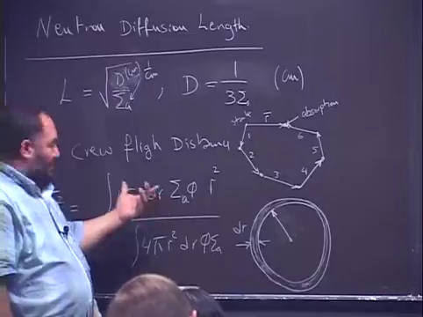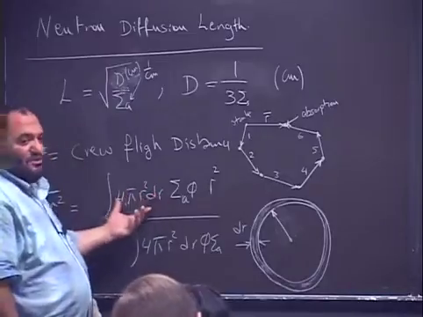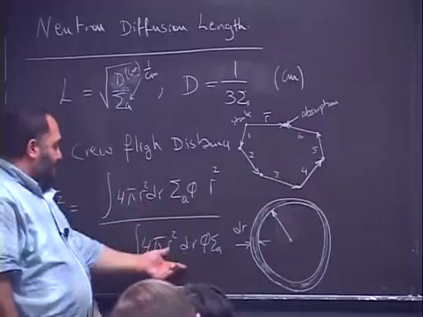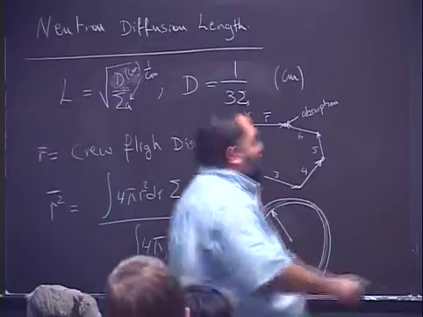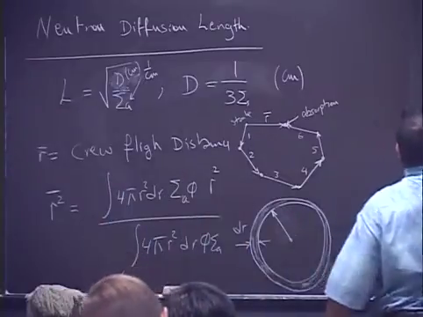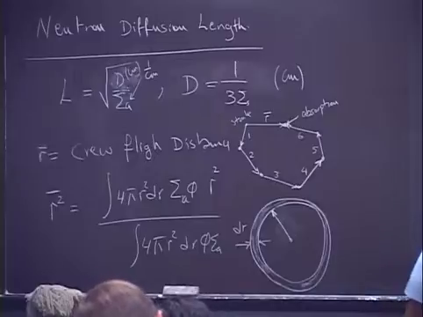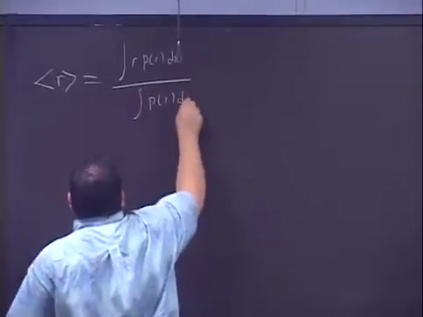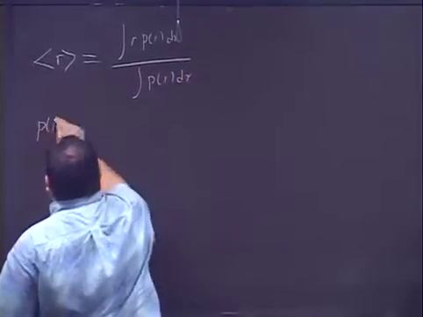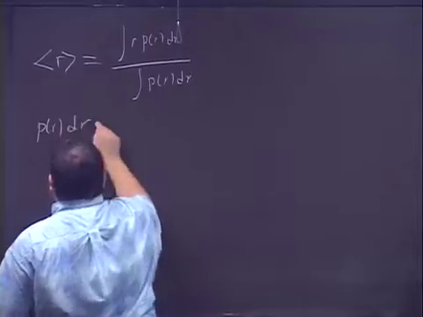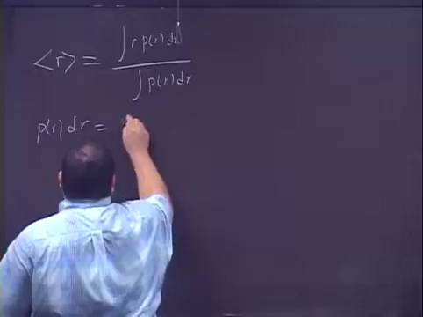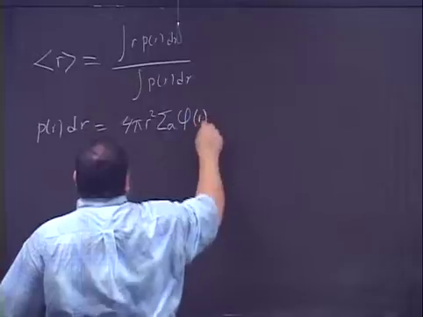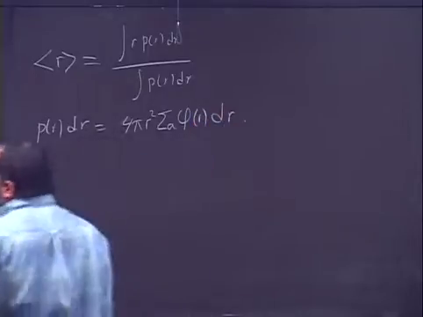So here, this is the weighting or probability function for us, 4 pi r squared dr sigma absorption phi, and then we divide by the same. From the definition of any average property, it is the integral of r p of r dr divided by the integral of p of r dr, where p of r dr is nothing more than 4 pi r square sigma absorption phi of r dr.